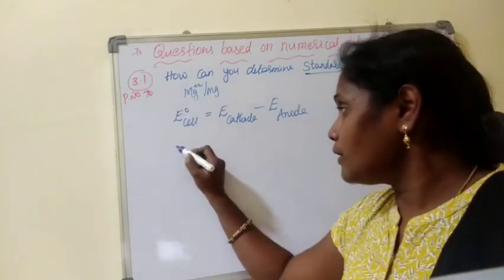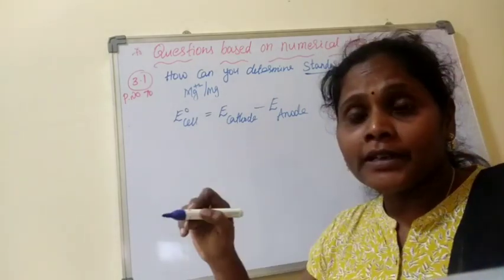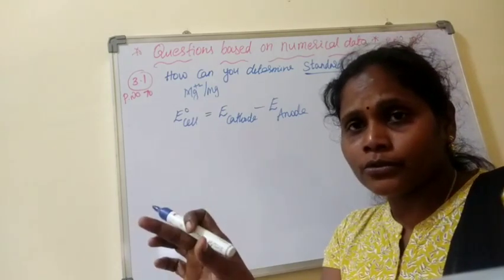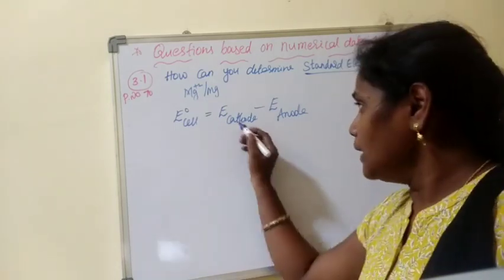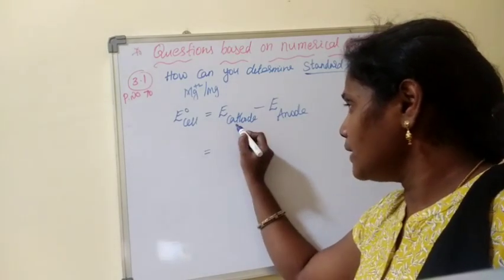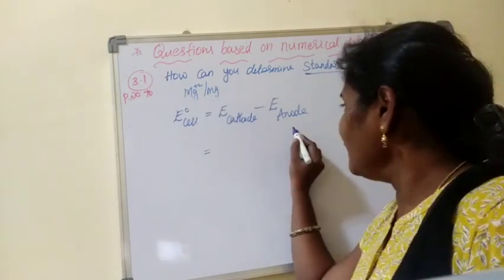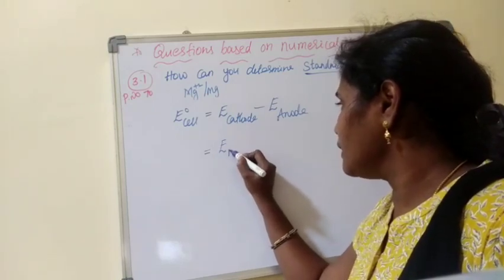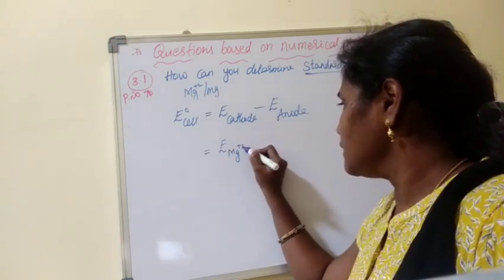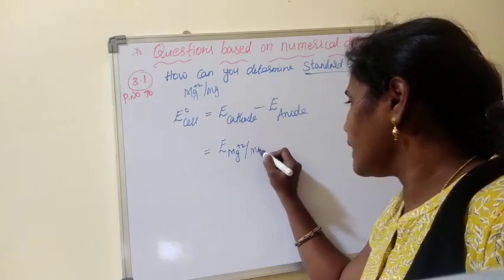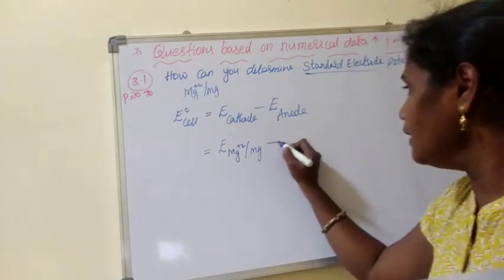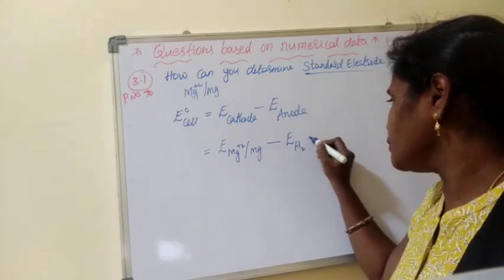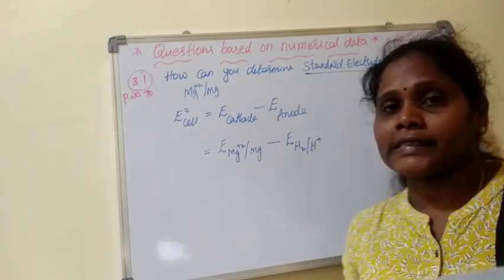See here, E naught of the cell is measured experimentally, right? We keep 2 beakers, a salt bridge and 1 hydrogen electrode. So E cathode, if my cathode is magnesium, then because I want the reduction potential, I directly write magnesium. Then the anode, if I keep hydrogen, H2 is converting into H plus.